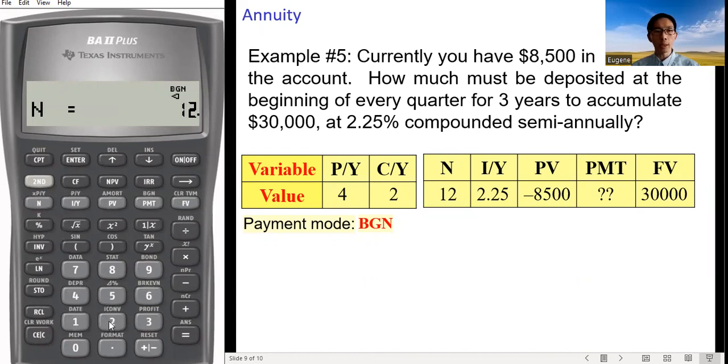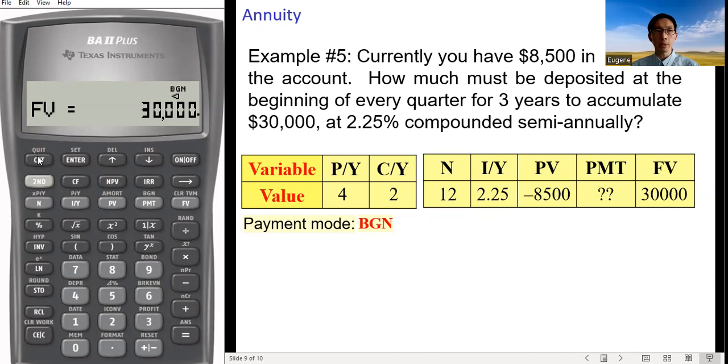And then IY is 2.25. Negative 8,500 for the variable PV. And then 30,000 for FV.